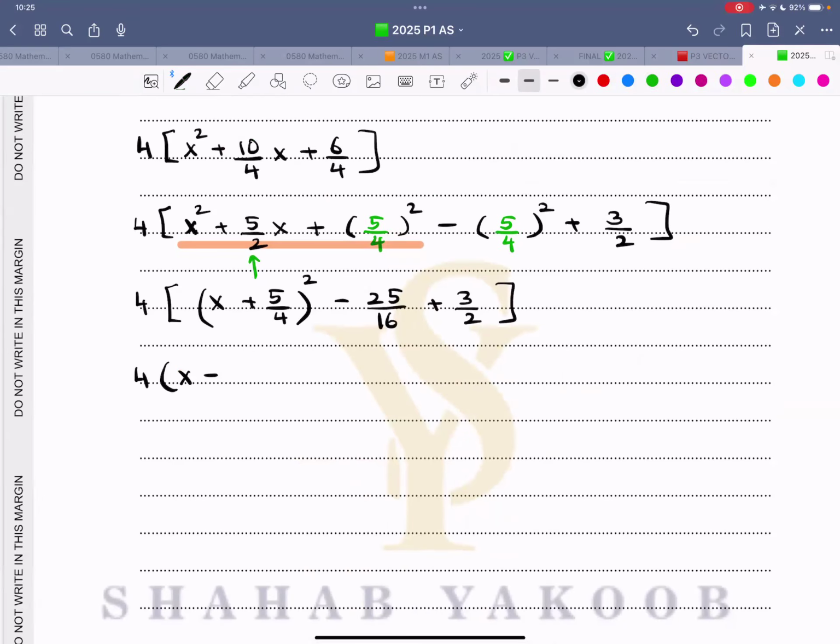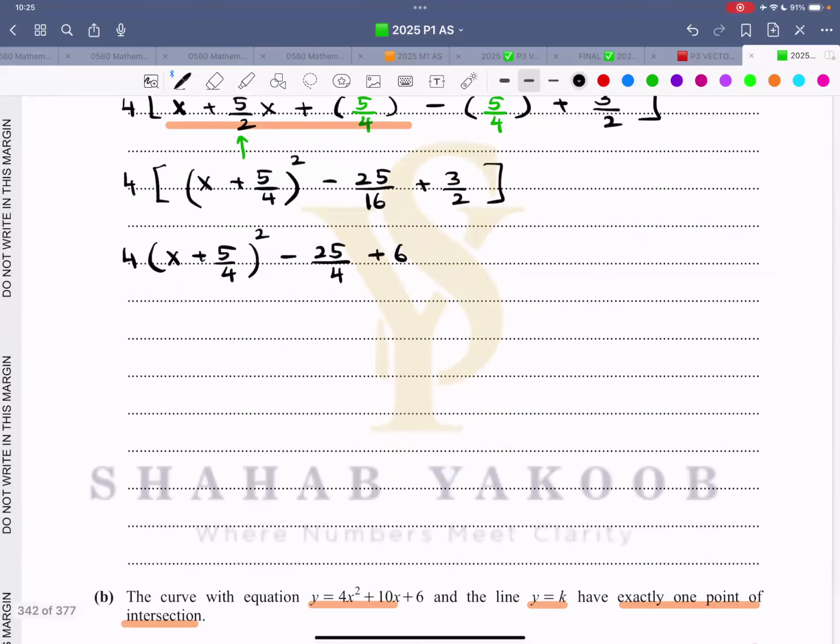That is 4 times x plus 5 over 4 whole square. That is negative 25 over 4. And what else? 3 over 2, 2 ones are 2, 2 twos are 4, 2 threes are 6, like this. And then 4 sixes are 24. So minus 1/4. And this is 4 times x plus 5 over 4 whole square.